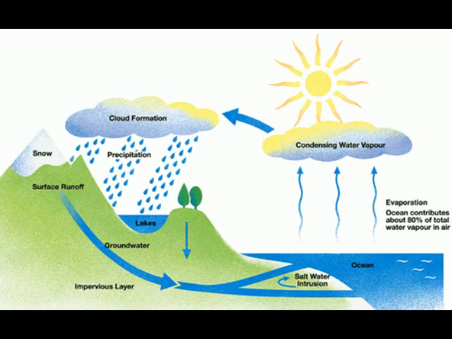Now when the clouds get so full, and they get high enough that the condensation can collect and form little blobs big enough to fall down, that's called precipitation. And another word for precipitation is rain.